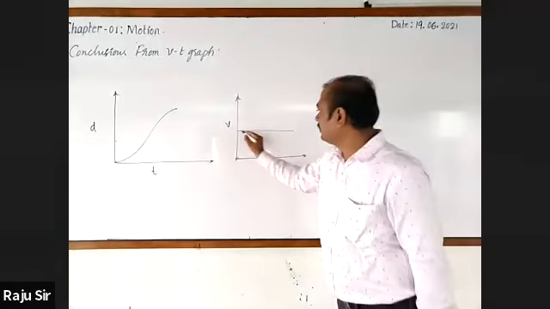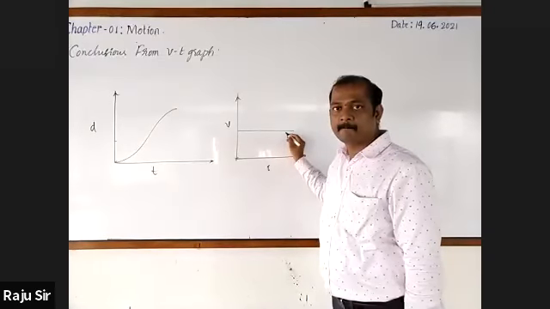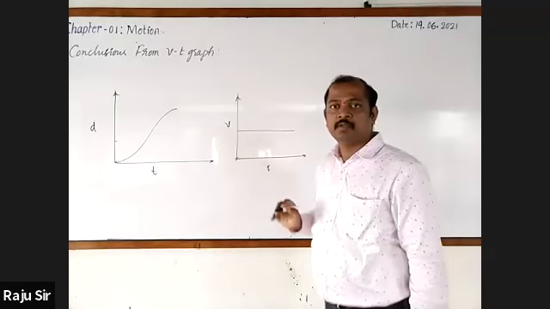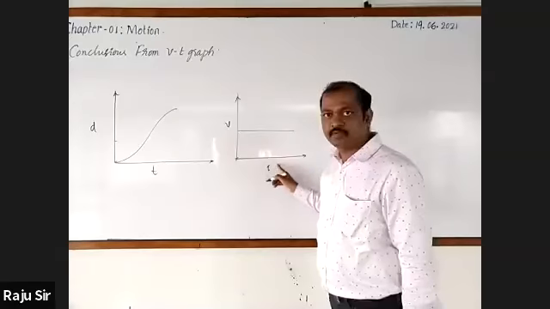Ravi Shankar, what does this straight line indicate? Kaula Sheikh, this is a VT graph.